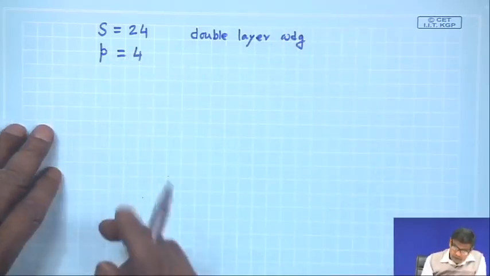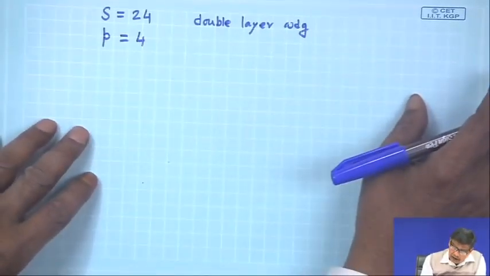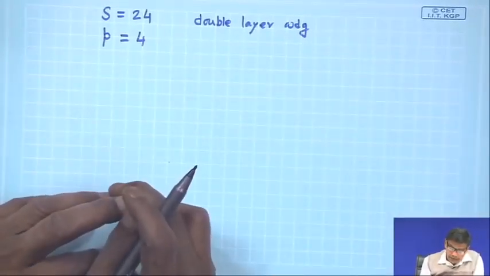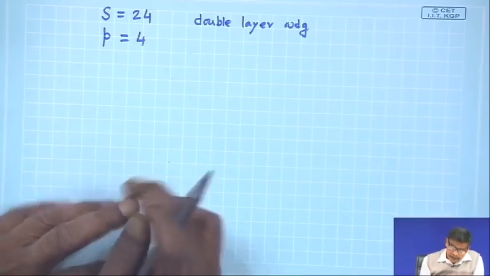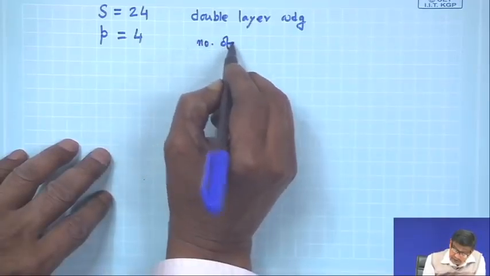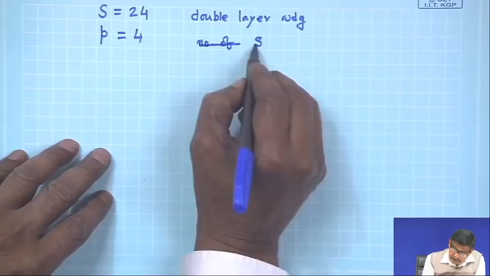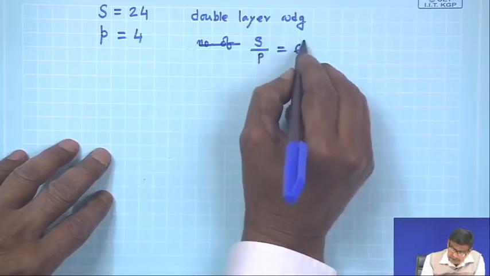P is equal to 4, double layer, and I will allot under each pole an equal number of slots to each phase. Therefore, the number of slots per pole, S by P, is equal to 6.